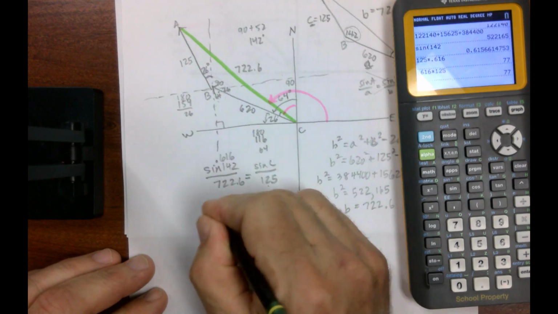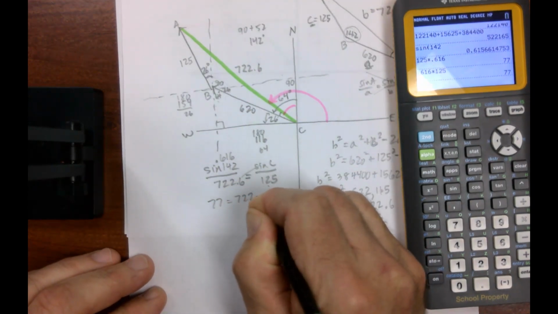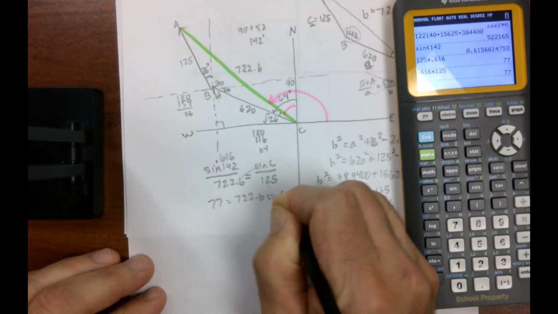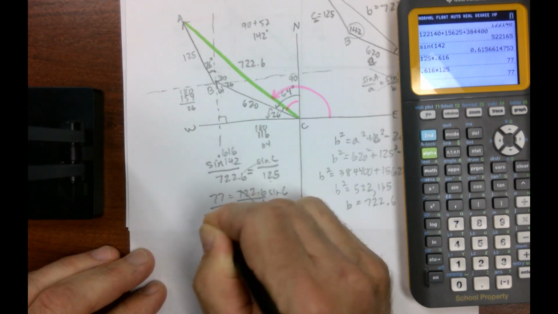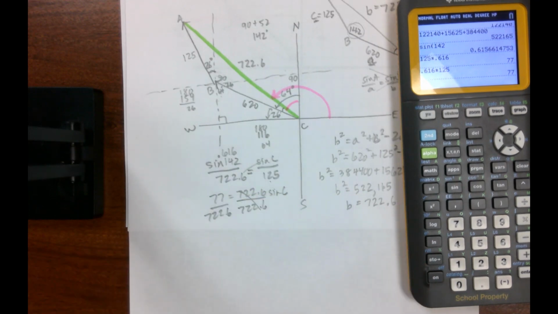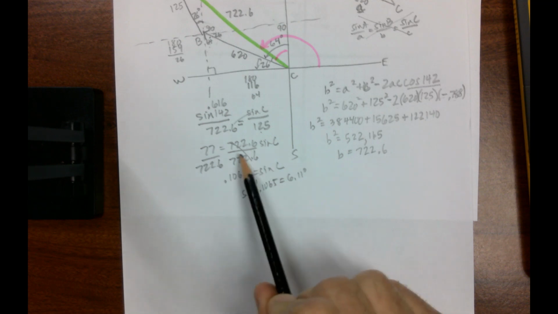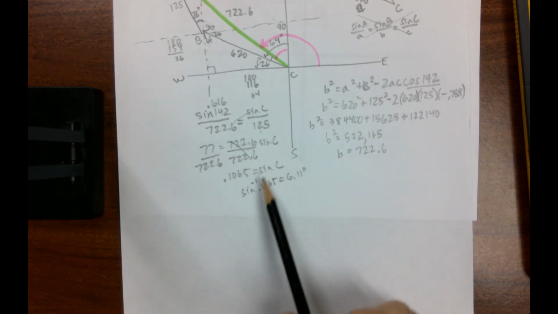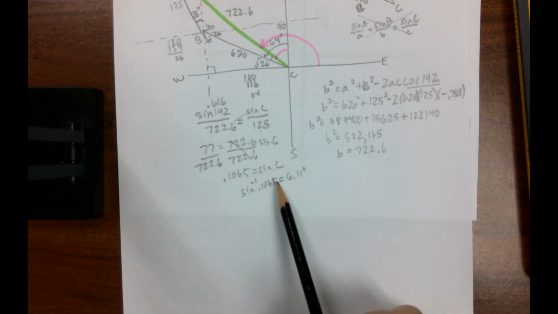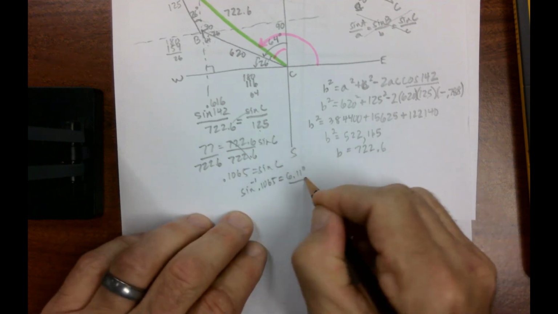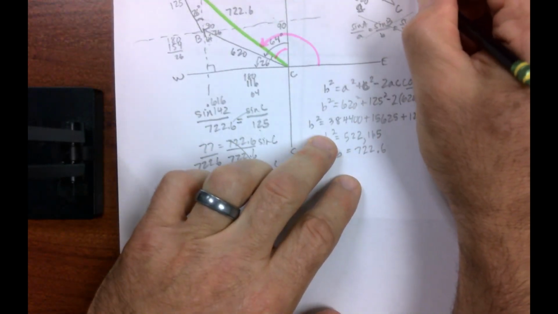So we get 77, and we cross multiply this way, equals 722.6 sine of angle C. Divide by 722.6, divide by 722.6. Okay, so I went ahead and did the math, got down to here, and then I went second sine, 0.1065, so I can find angle C. And angle C ends up being 6.11 degrees. So I know that right there is 6.11 degrees.